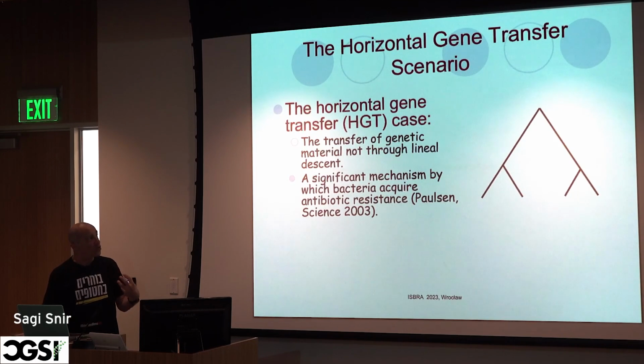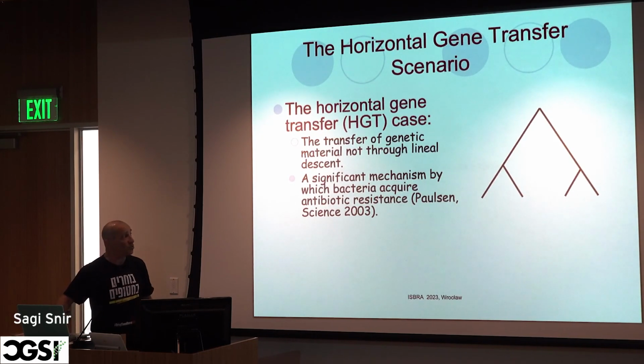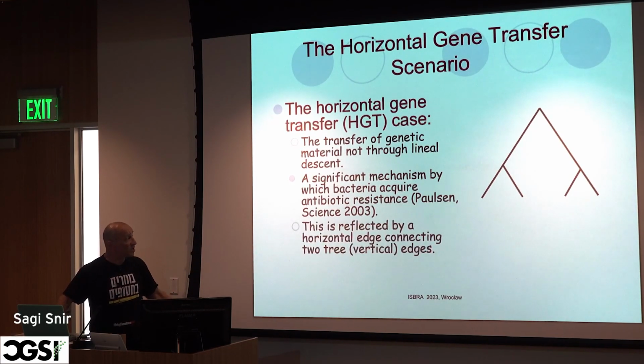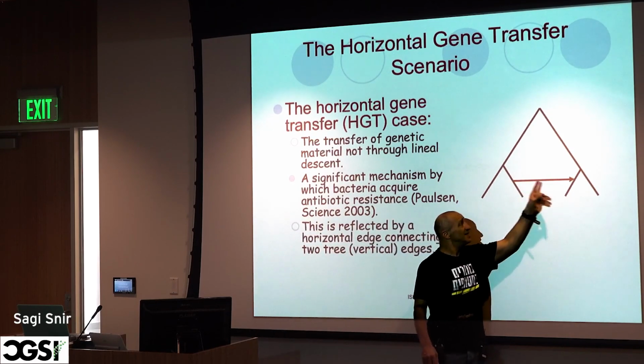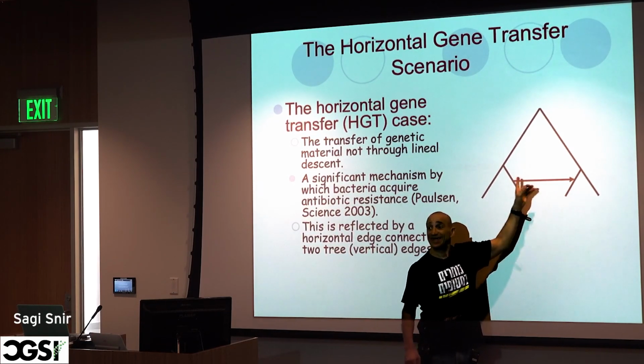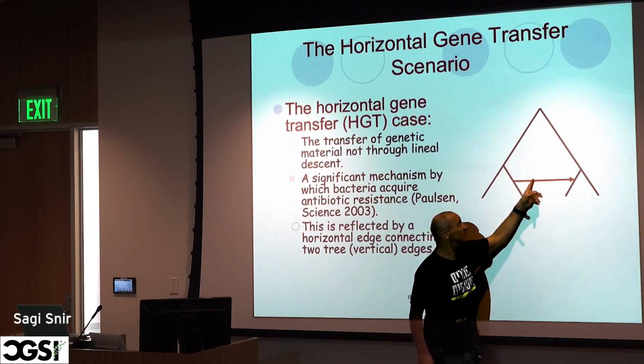But we model gene transfer by several approaches. And in this approach we model over the tree edges. So the gene transfer is reflected by a horizontal edge connecting two vertical edges. So this is the transfer. And it means that this guy here got this gene from that guy.